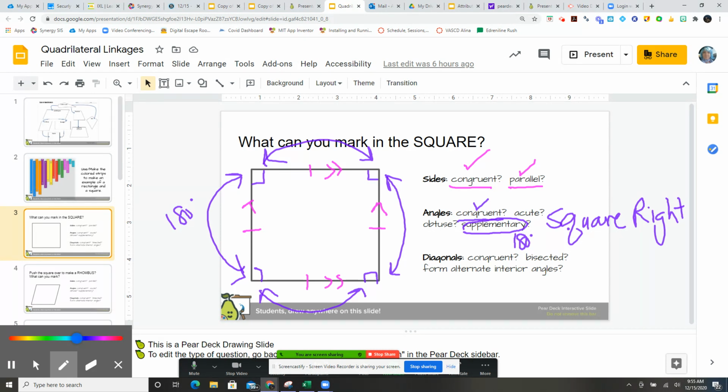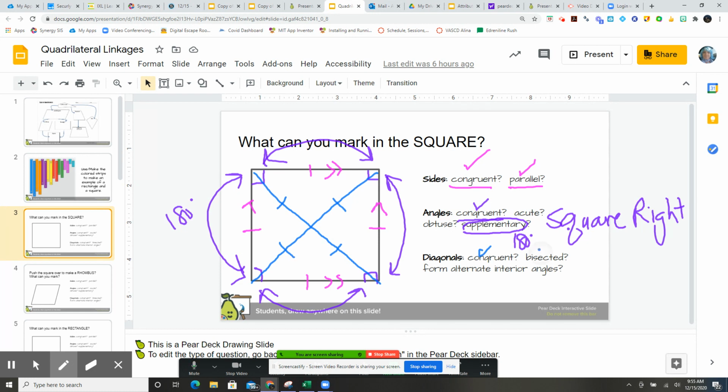Yes, absolutely. So when I make those diagonals, they are 100% congruent. Have they been bisected? Are all of those the same length? Yeah. They are 100%.